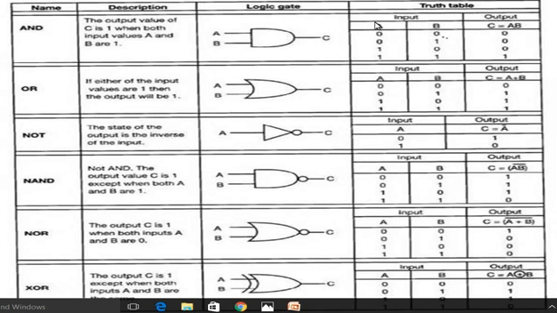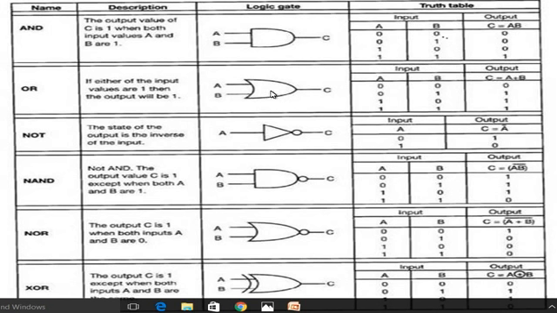But it is most important to write the correct Boolean equation for each gate. Now you can verify the output of AND gate with the help of this truth table. See, in the last case, when both the inputs are high, output will be high, otherwise it will be 0.